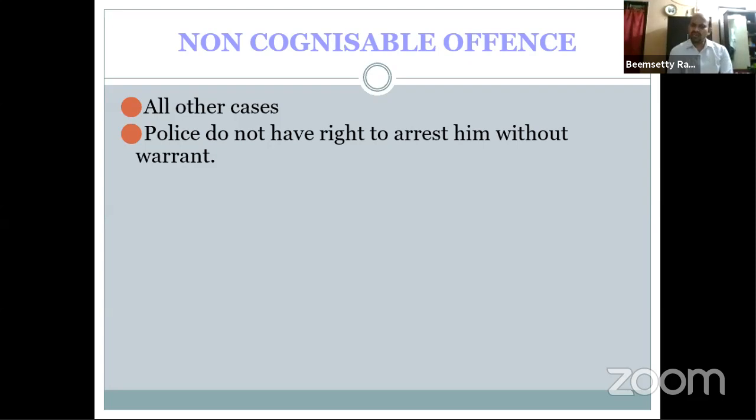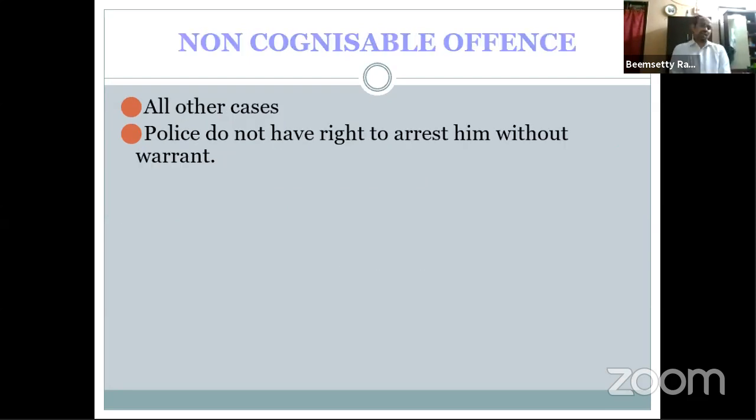You might have seen in many movies that when police comes to arrest a person, immediately he'll be asking, are you having the warrant? This non-cognizable offense is included under Section 2(l) CRPC. 2 in bracket you write l, CRPC. These are all under procedures. That's why they are under Section 2 CRPC.